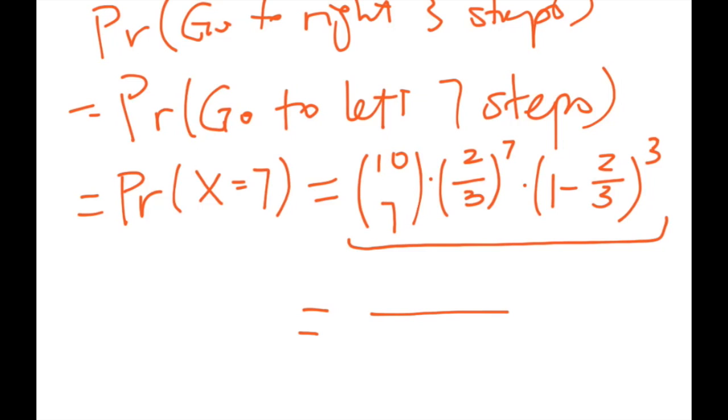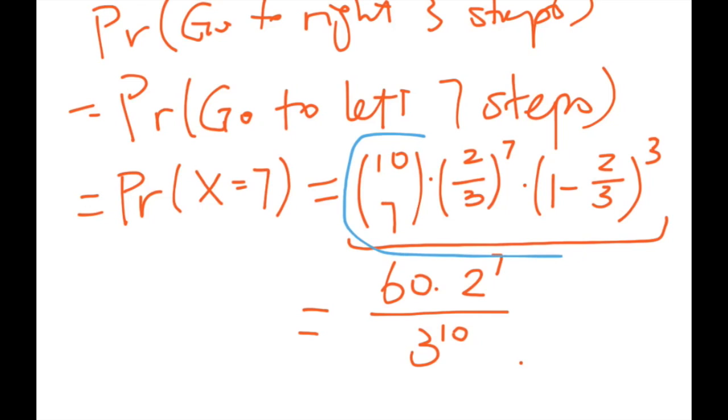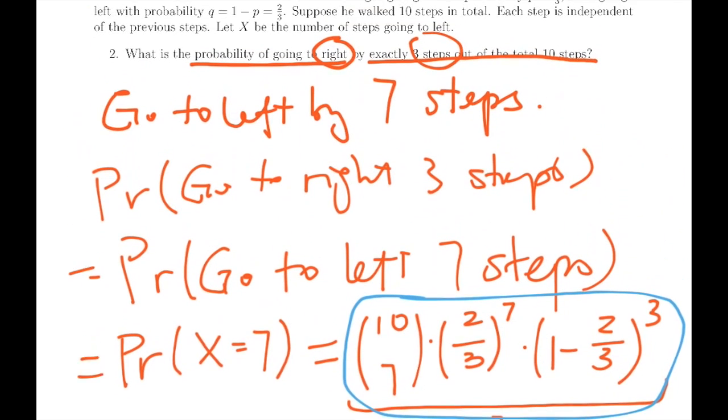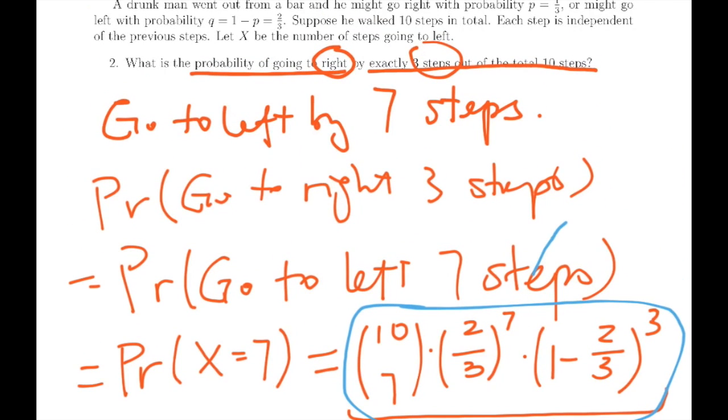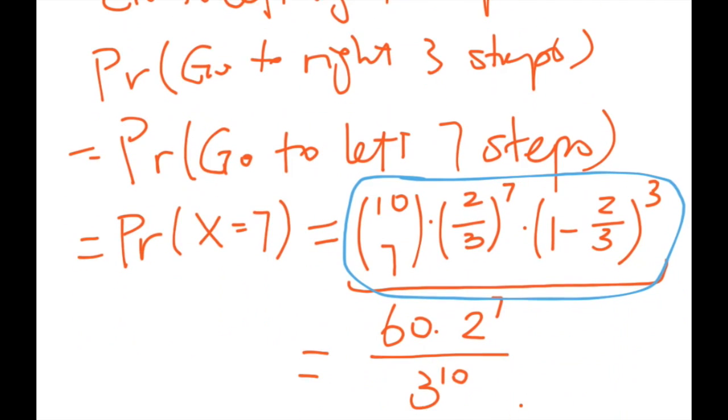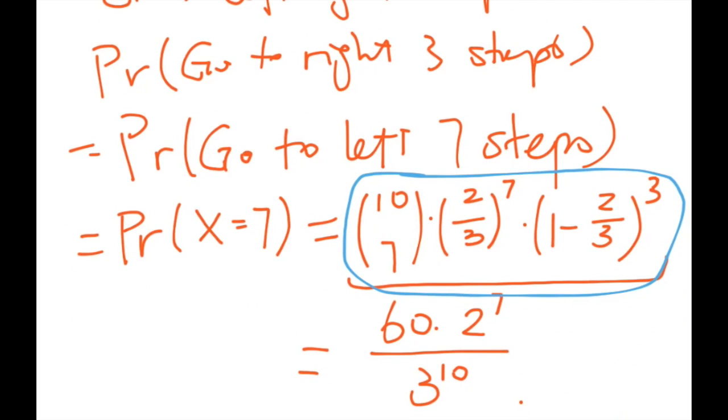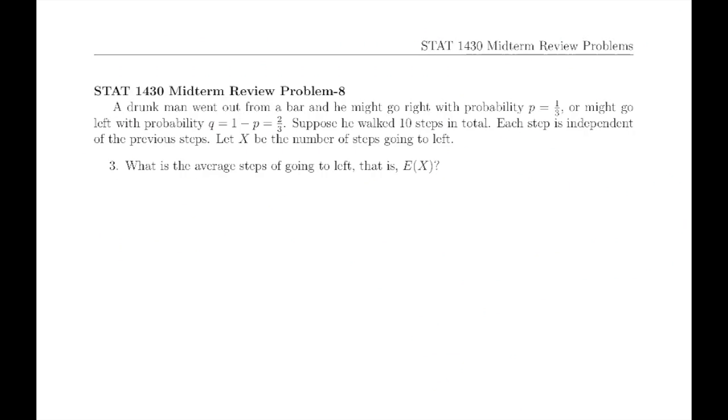The formula for the expected value of X is given by n, the total number of observations, times the probability of success, that is q in this setting. Plugging in the numbers, we have 10 times 2/3, and that is 20 over 3. This is a formula you have to know for your exam. The final result is 20 over 3.